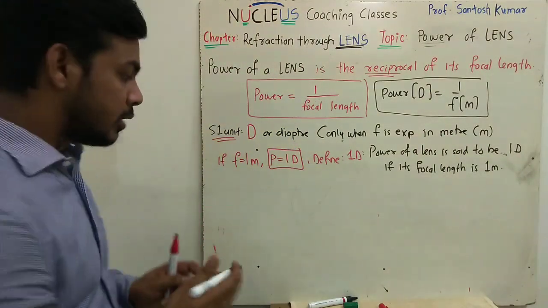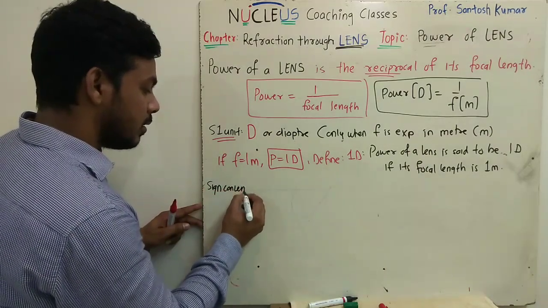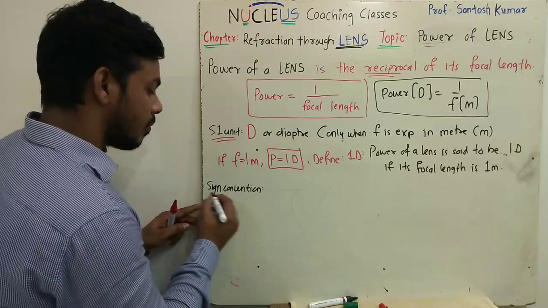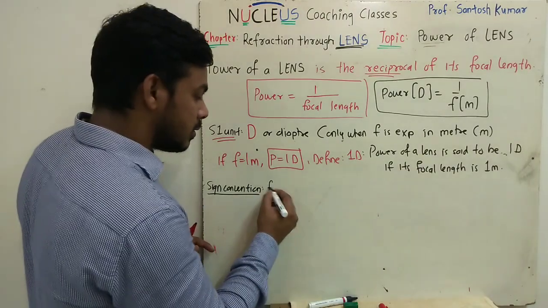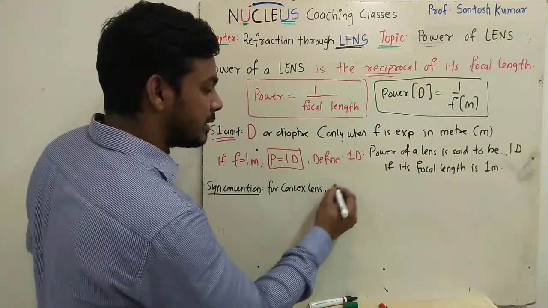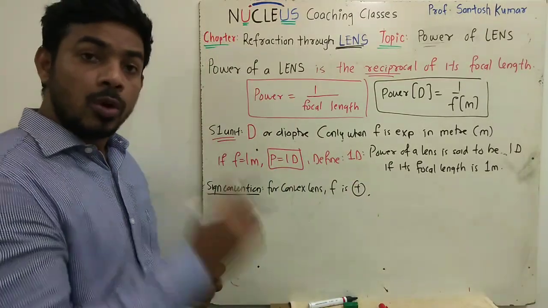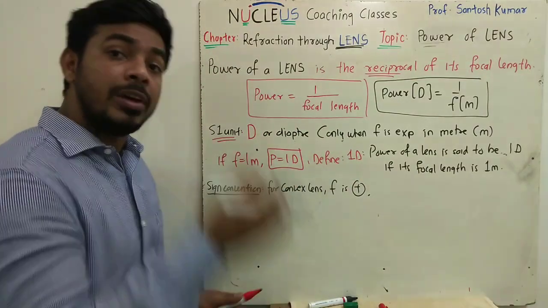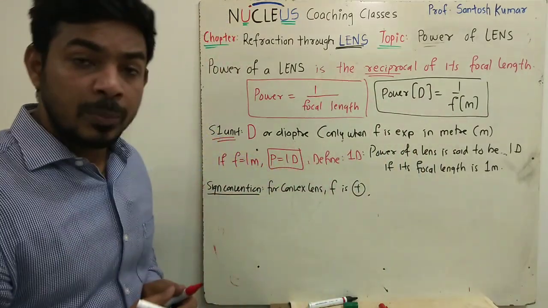One more thing I would like to tell you about is the sign convention. This is very important. And we know that according to sign convention, for a convex lens, focal length is positive. So the focal length of a convex lens is always positive. So since focal length is positive, power will also be positive.